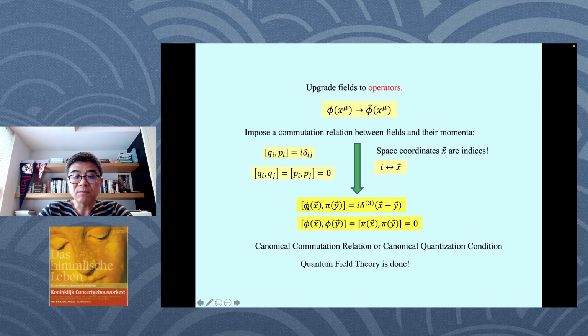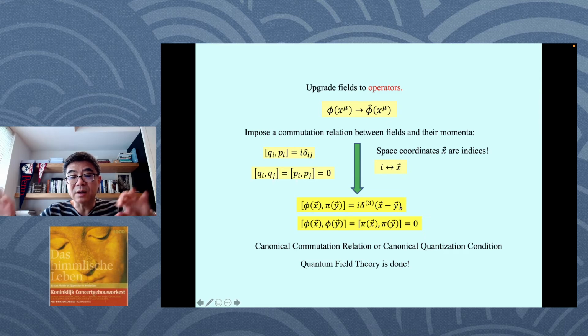In this case, the canonical quantization can be easily written down. That is, the commutator of phi at x vector and its corresponding conjugate momentum pi at y, whose expression I will derive very soon, is equal to i delta(x minus y). So if x is equal to y, that is, phi and pi are at the same point and correspond to the same system, then the commutator is equal to i.